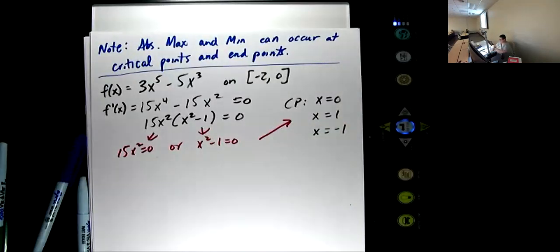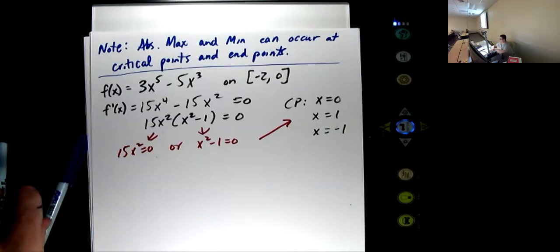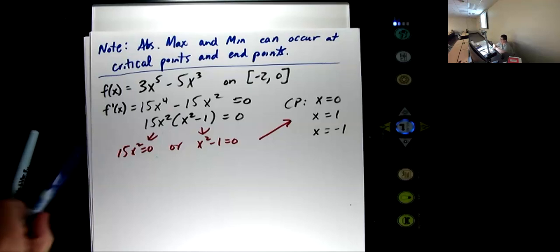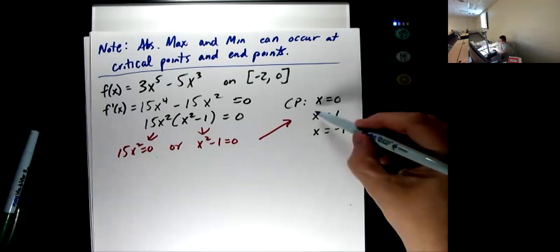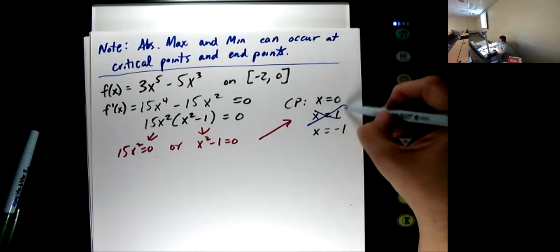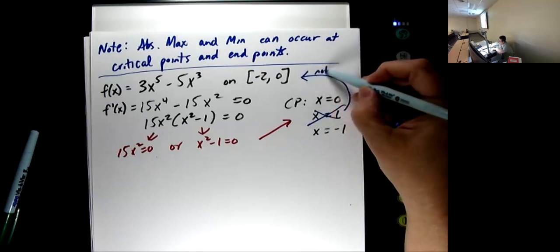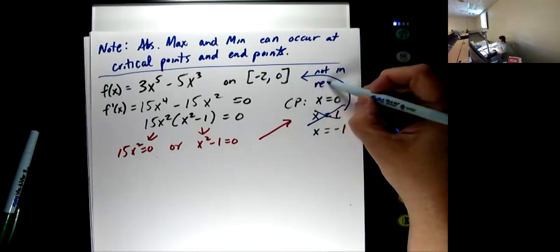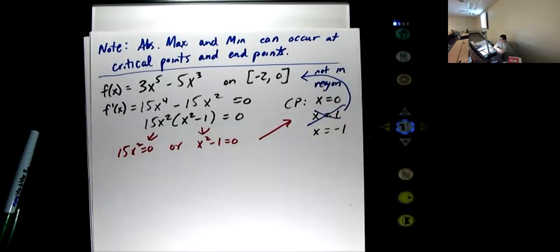Can we use all of those points? Why not? x equals 1 is not in the domain. So we're just checking x equals 0, which is an endpoint, x equals -1, and we also need to check x equals -2.